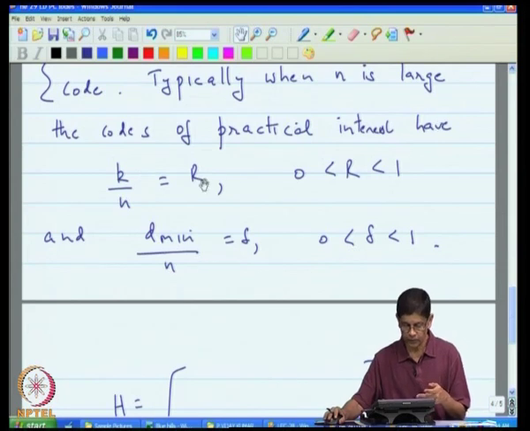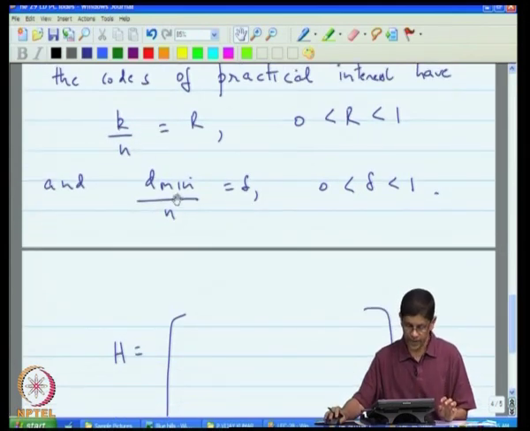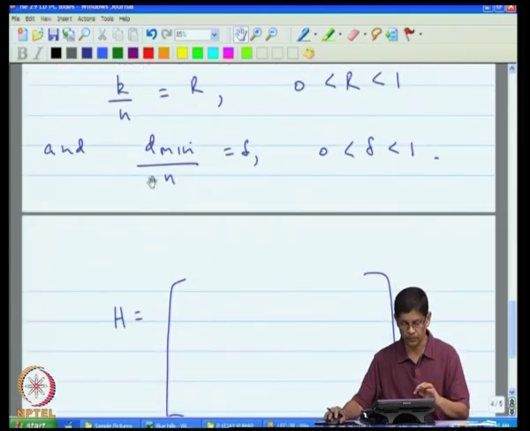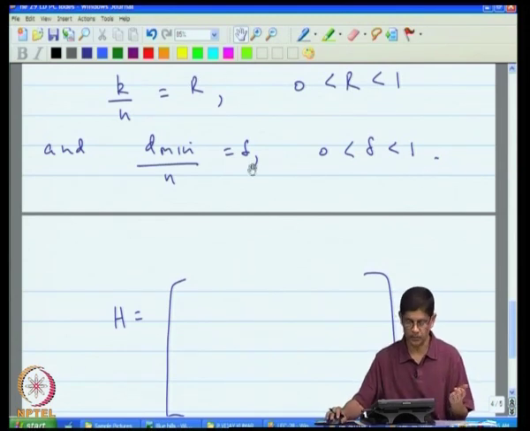Okay? So, this r is some fixed fraction between 0 and 1. Often r is half, for example, or r is 1/3 or 1/4. So, what that means is that as n tends to infinity, so does k. And the same goes with the minimum distance. You would typically like your minimum distance to also grow fractionally, although this fraction could be much smaller.